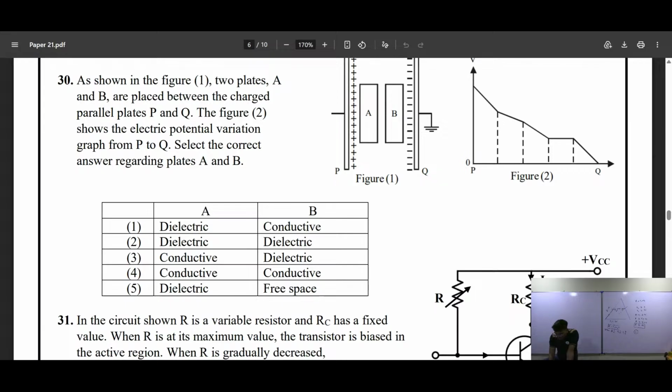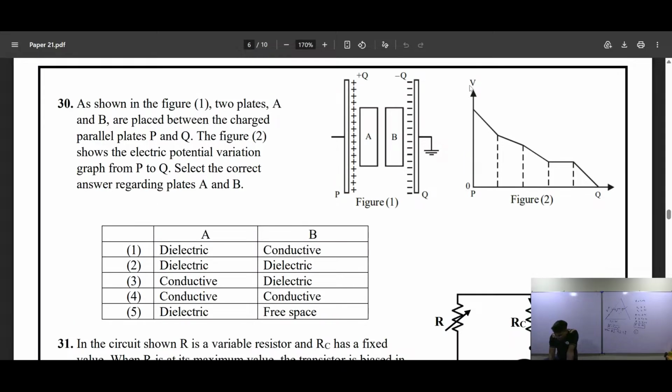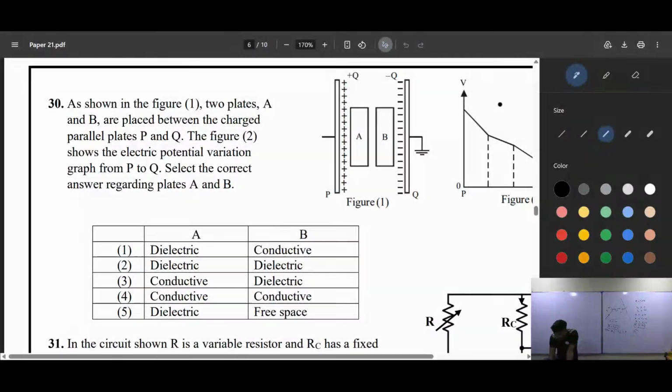Now, when you consider the potential, this is the potential versus distance graph, right?